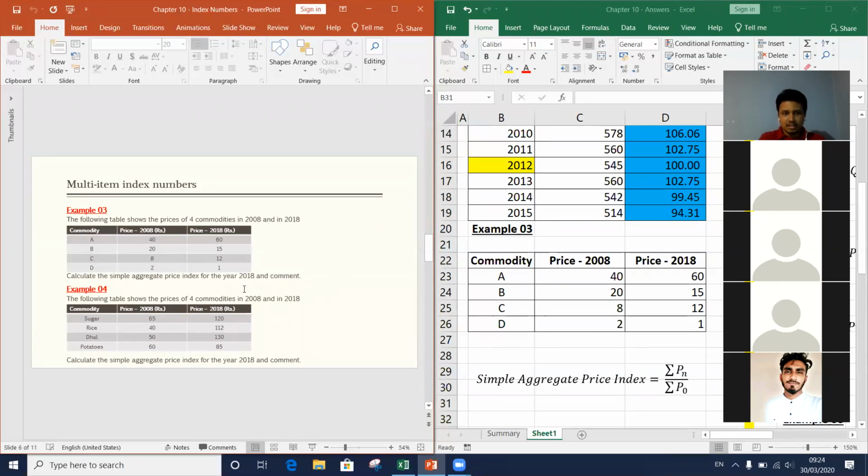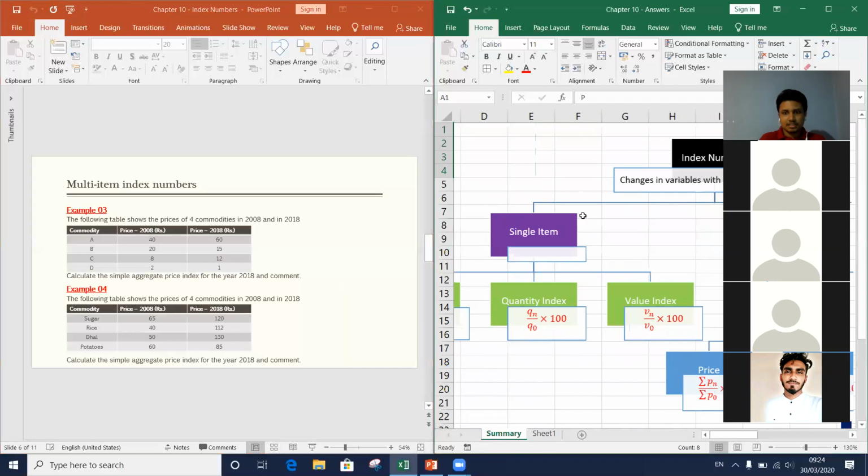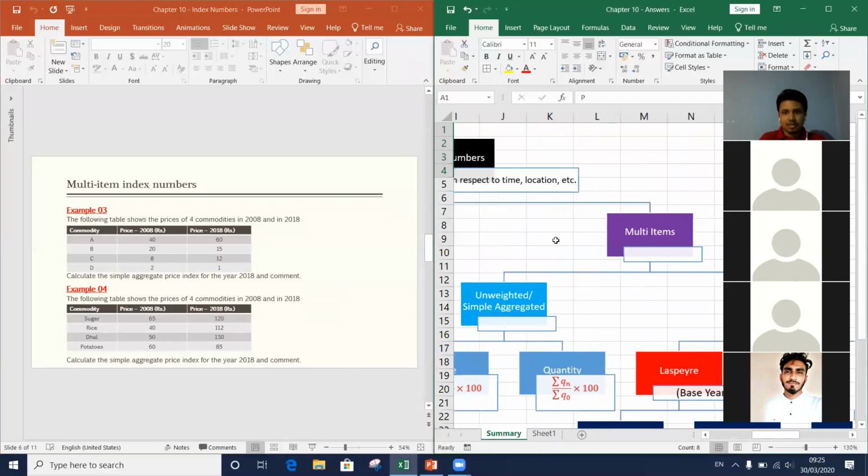Okay, single item, then multi items. There are 4 items called A, B, C and D. Right, this is multi item.